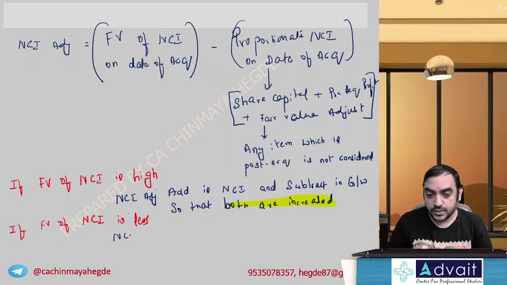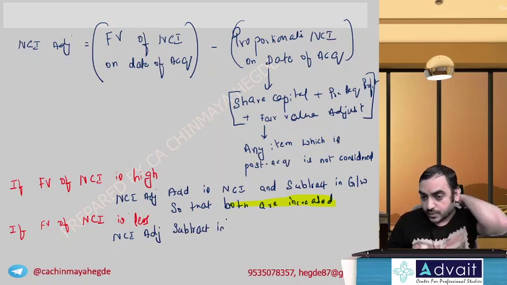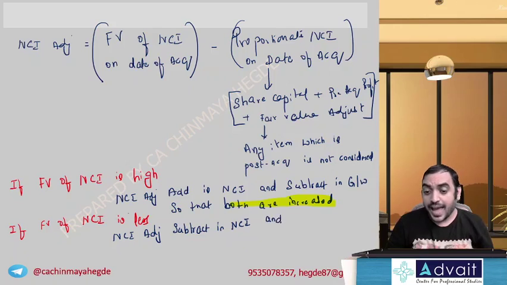NCI adjustment: subtract in NCI column and add in goodwill, so that both are decreased.